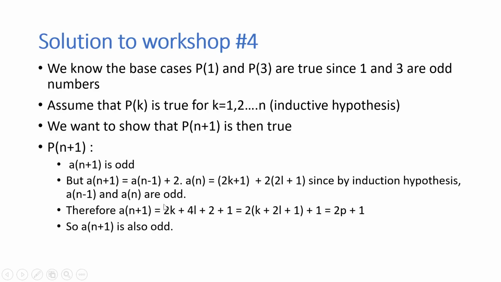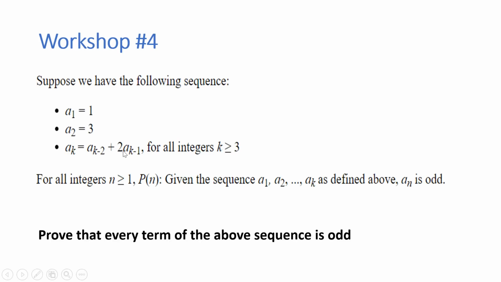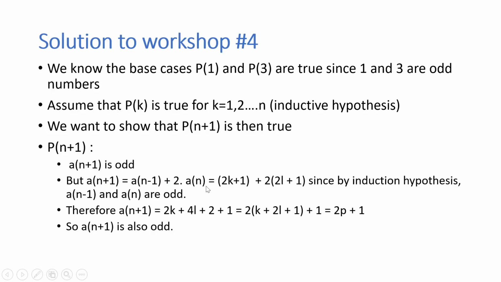So by definition, a subscript n plus 1 is a subscript n minus 1 plus 2 times a subscript n, which is as given here. And because we know both a subscript n minus 1 and a subscript n are odd numbers, we can express them in the form 2k plus 1 and 2l plus 1, since by the induction hypothesis we know these are odd numbers.